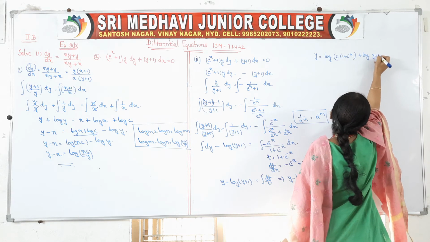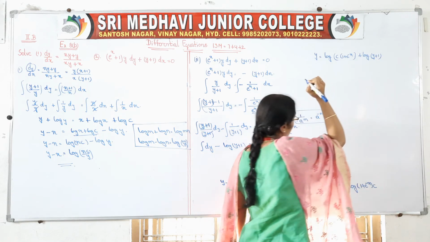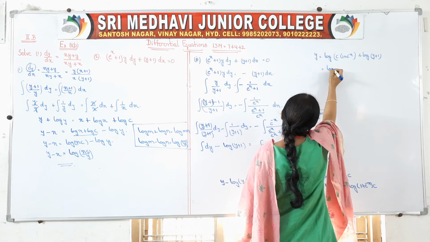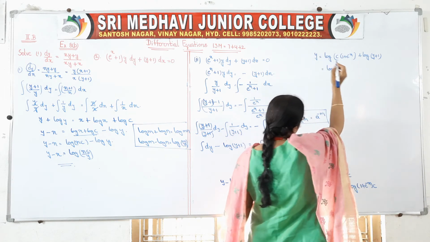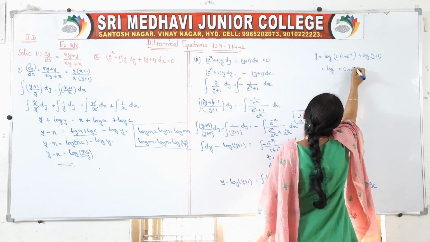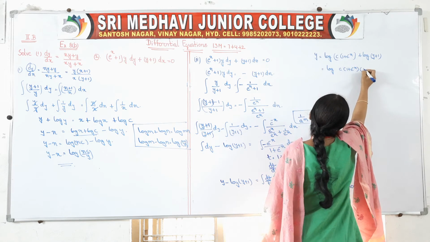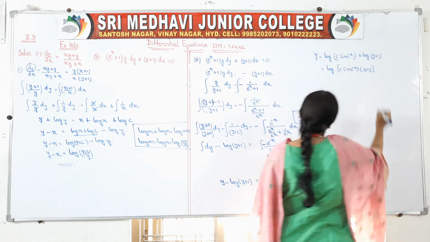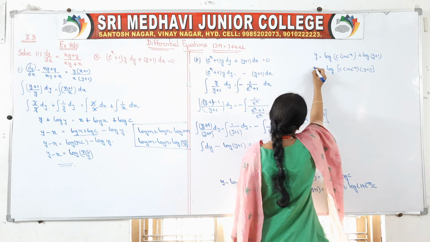Again it is of the form log m plus log n. We can write that as log of m into n. So c into 1 plus e to the power of minus x into y plus 1. Okay, so this is your y is equal to.